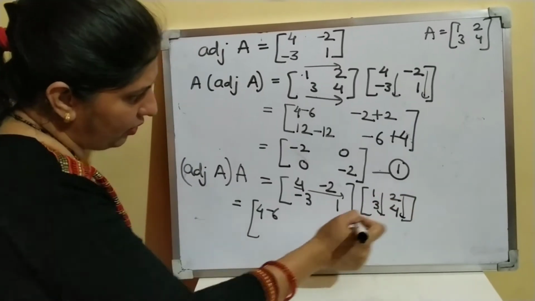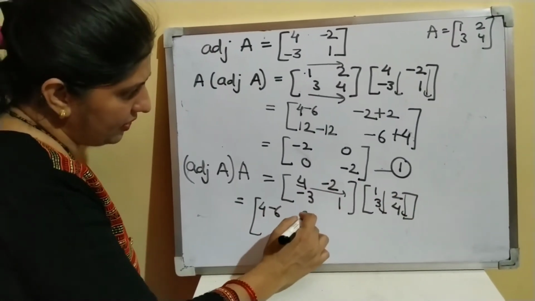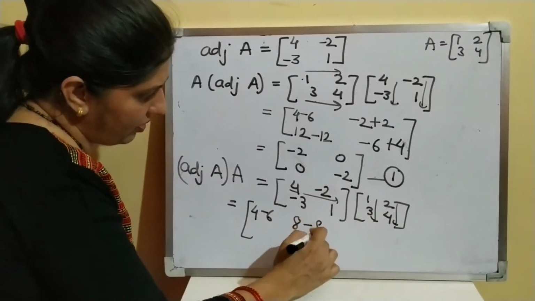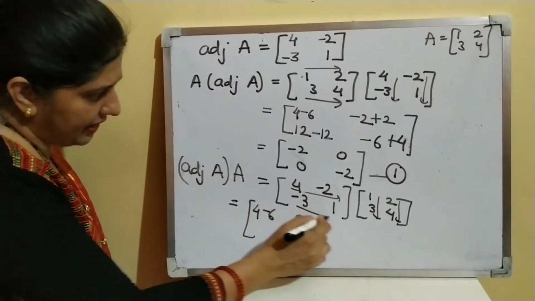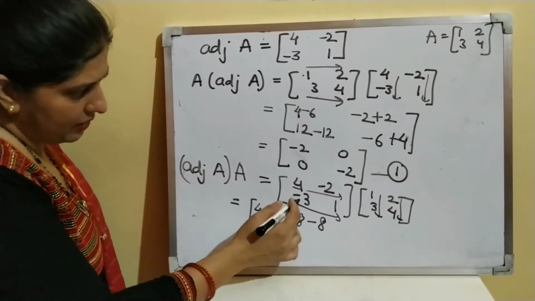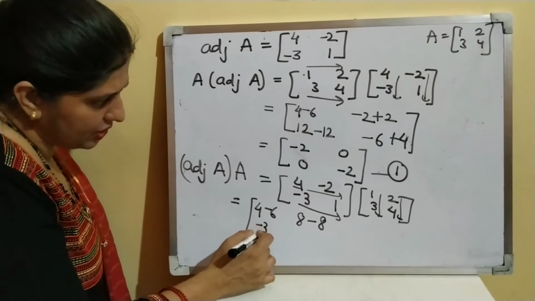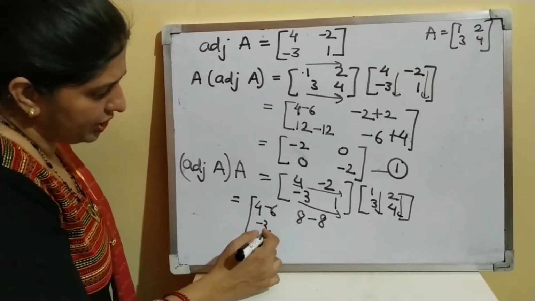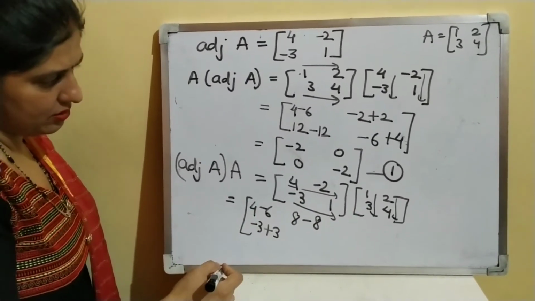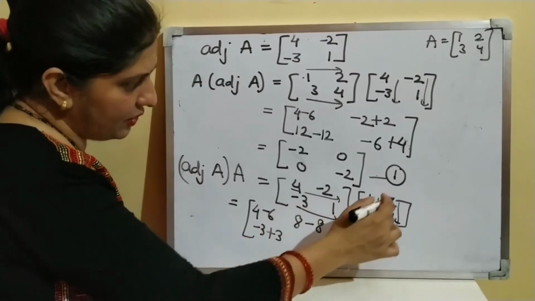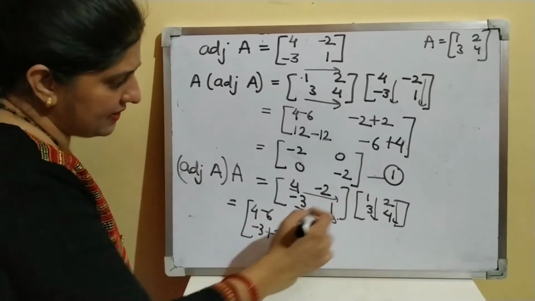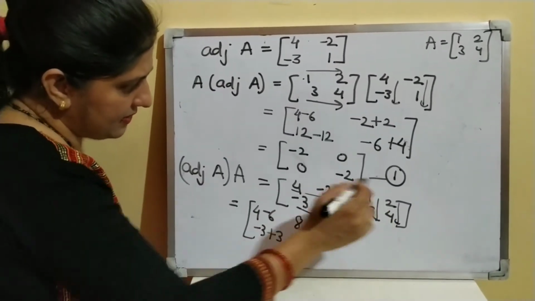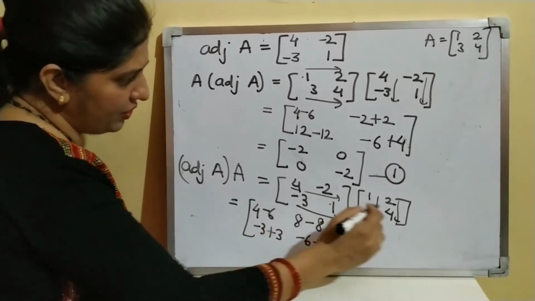First row with second column, 4 into 2, 8, minus 4 into 2, so 8. Second row with first column, minus 3 into 1, minus 3 plus 1 into 3, plus 3. Now second row with second column, minus 6, 3 into 2, 6, minus 6 plus 1 into 4, 4.